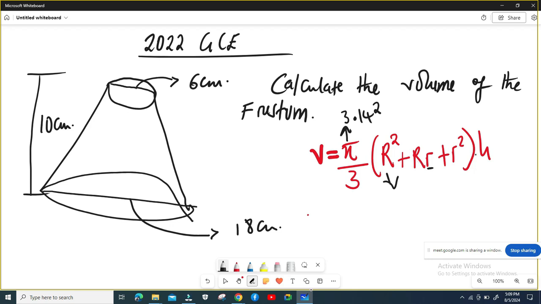And h is the height of the frustum. As simple as that. So let's go ahead, do the substitution, and move on.